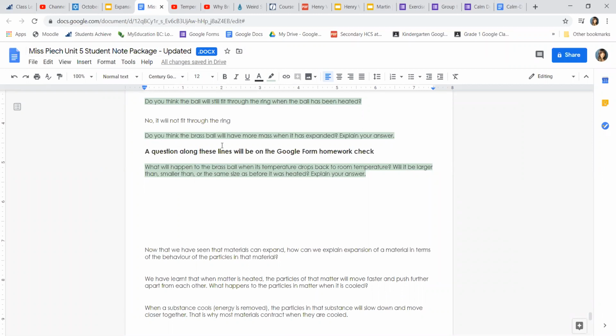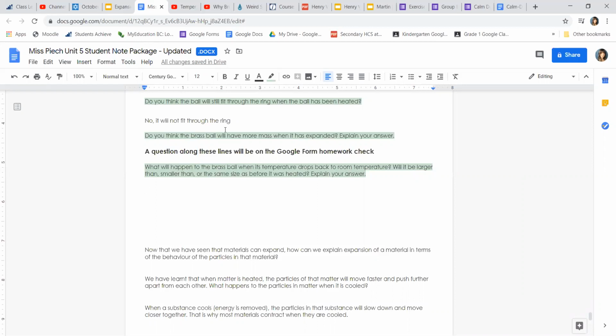Now, I'm going to verbally explain this and then see how you interpret it for your answer on the Google form. Think of it this way. If a material is heated and ends up expanding, or contracting when it is cooled, it still has the same number of particles in it. The number of particles does not change. What does change is how those particles are grouped together.